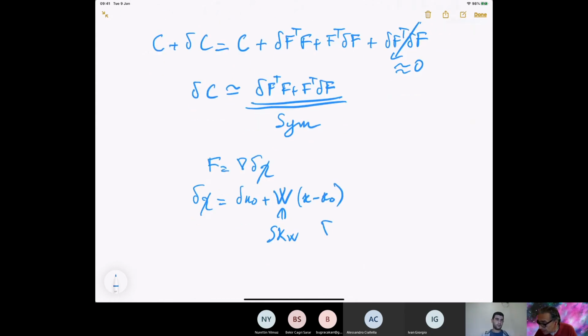Grad delta K is therefore equal to W. This is rigid motion.